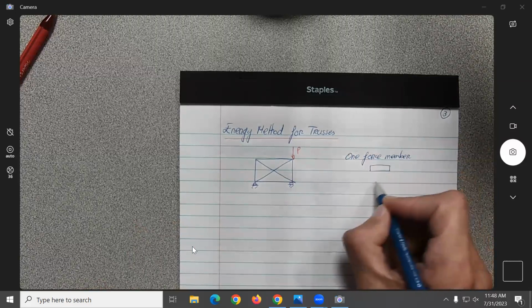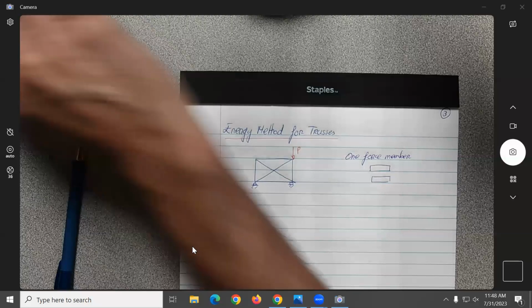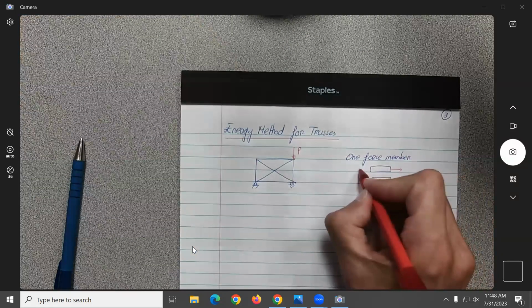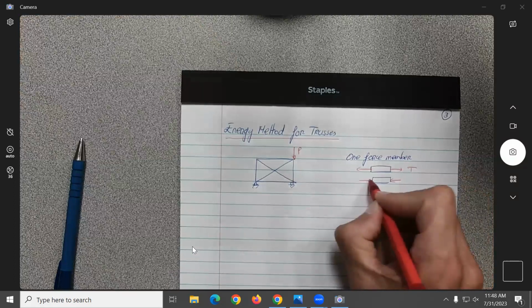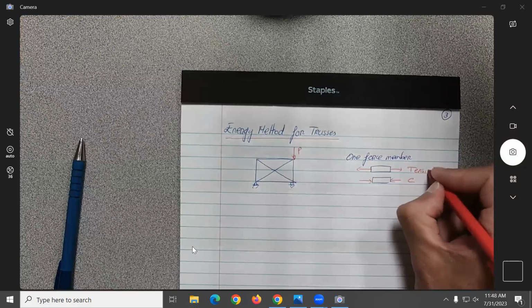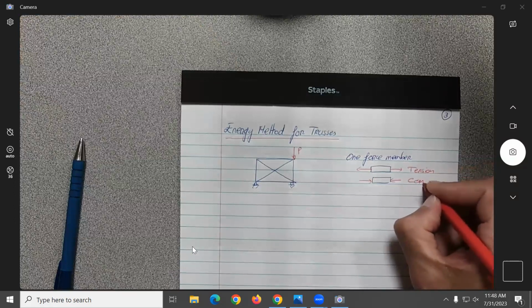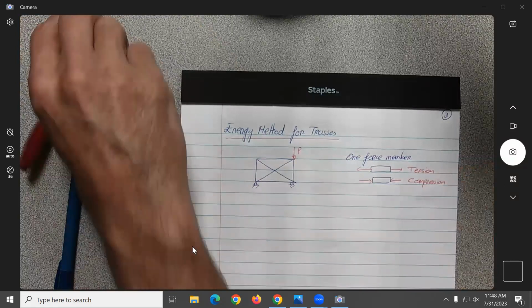What are the two choices? They are either in tension, or they are in compression.